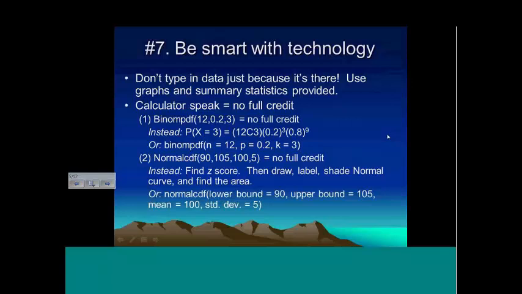Instead, students can find the z-score, draw, shade, and label a normal curve, and then find the area using the table or using normalCDF. Or they can use the normalCDF command as long as the entries are annotated. So instead of just putting 90, 105, they put lower bound equals 90, upper bound equals 105, mean equals 100, and standard deviation equals 5.